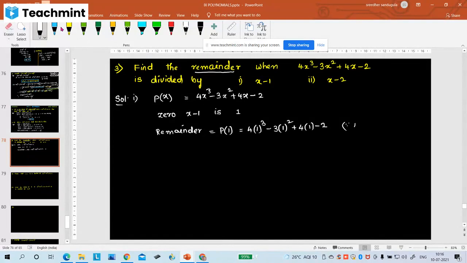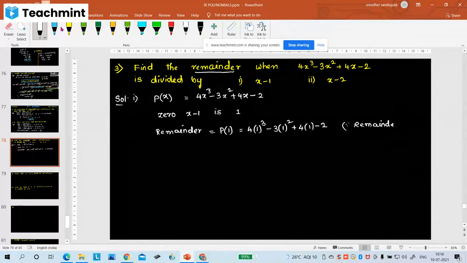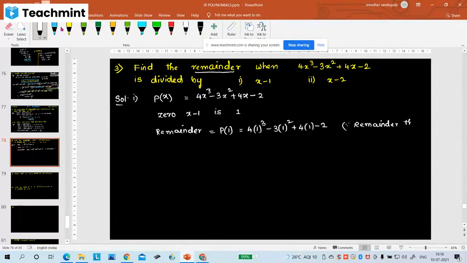Once again, what is the remainder theorem? If p of x is divided by x minus a, then the remainder is p of a. Though the remainder theorem directly will not be asked in the exam, indirectly it will be applied in the problems.